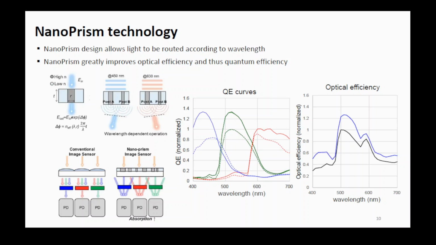And according to this result, the measured QE was greatly improved. When we measure the QE directly, it reaches almost 100% QE because it collects light from adjacent pixels.